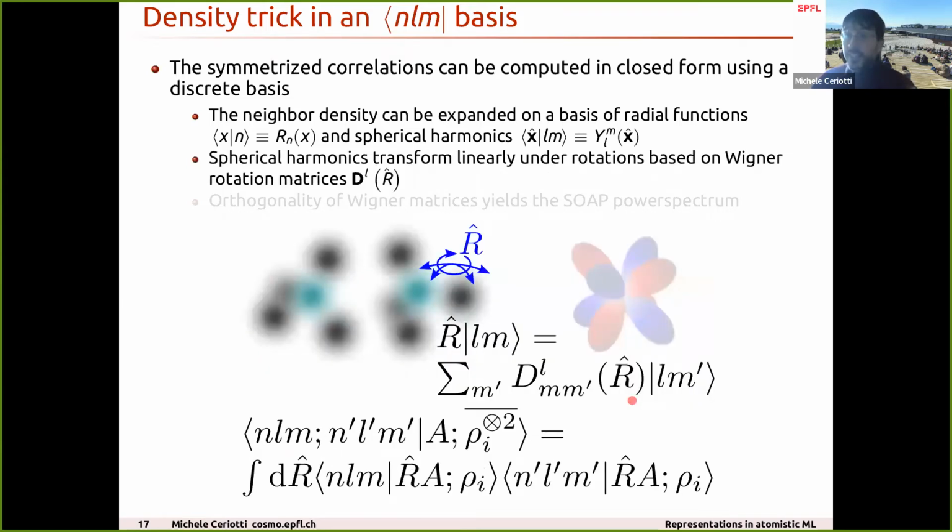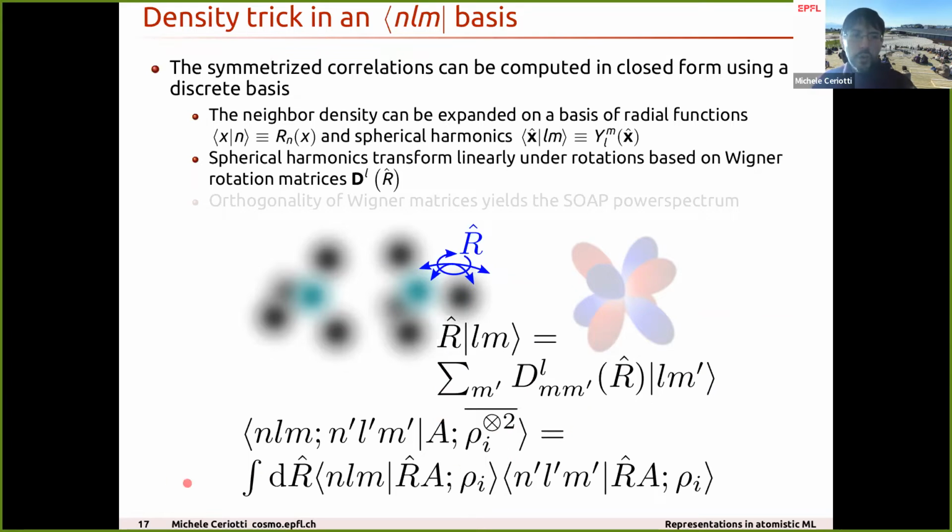And the advantage of using spherical harmonics is that the way spherical harmonics transform under rotations is very well understood. They form an irreducible representation of O3. And so you know that if you rotate your molecule, the spherical harmonics basis will rotate in a way that is determined by Wigner matrices.